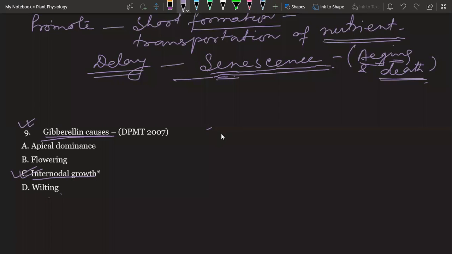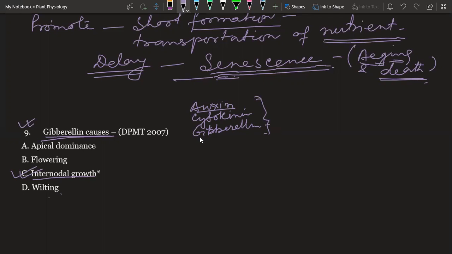See, all this auxin, cytokinin, and gibberellin are all growth promoters. They promote growth and development of plant in various ways. And for the growth promotion, cell division, cell enlargement, all these things are there.